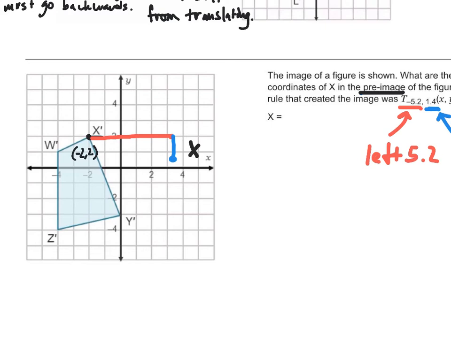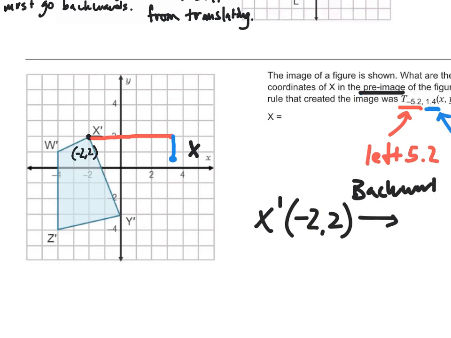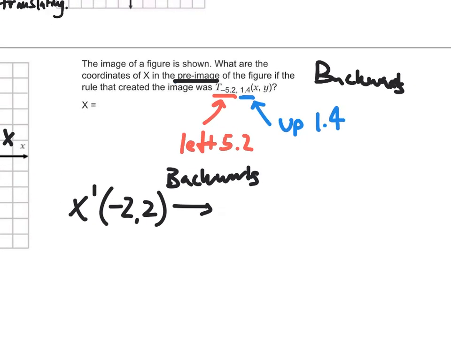Now because I want to go backwards, if I go from X prime, this point which was negative 2, 2, then on my rule, I'm going to take negative 2 and add 5.2 to that.